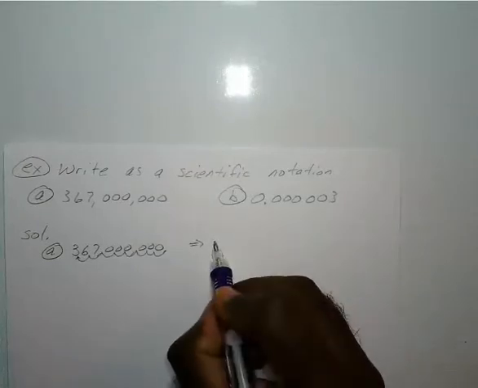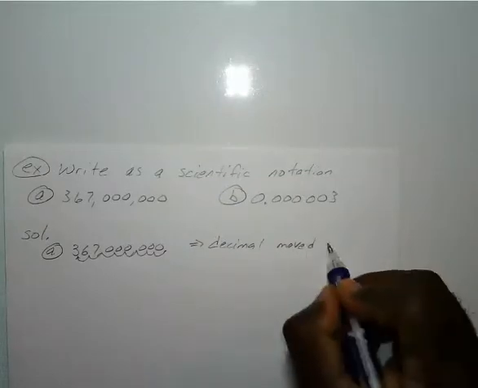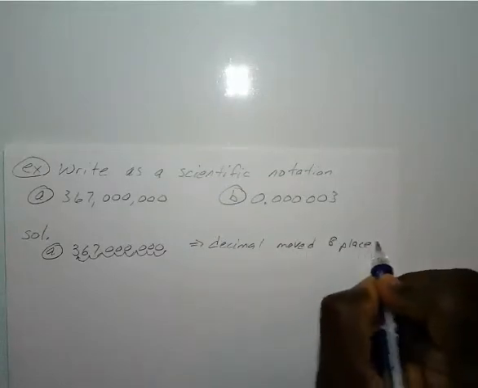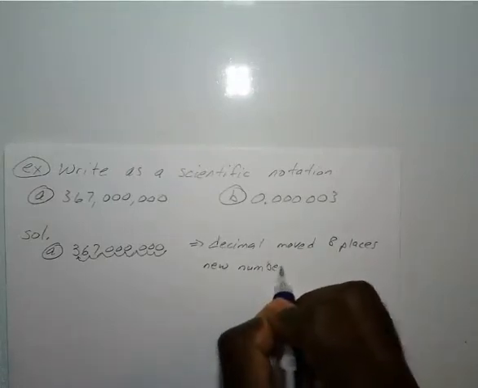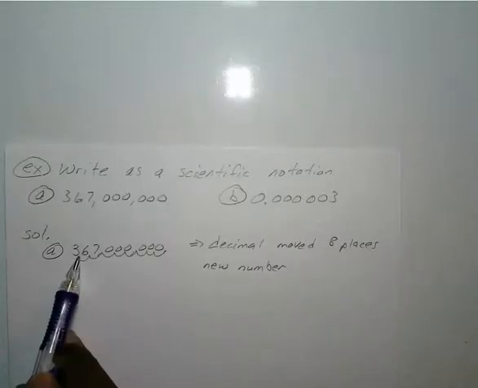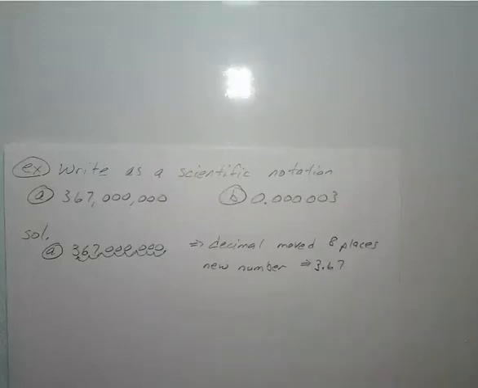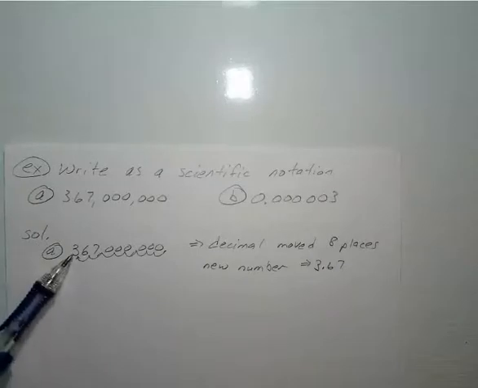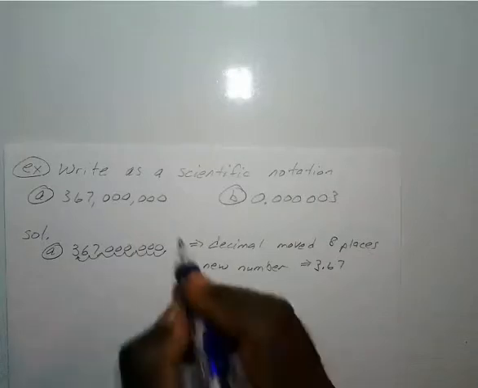We moved the decimal 8 places, and our new number is 3.67 because the decimal moved right there. Remember, your first step is you want the number to be greater than or equal to 1, but less than 10. And that's 3.67. So that's your first step.